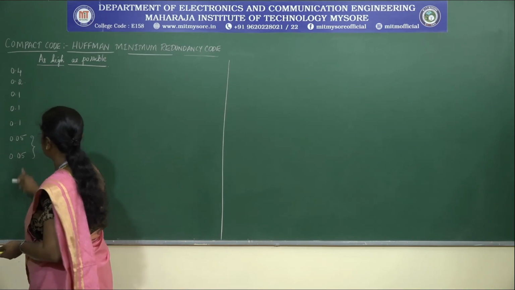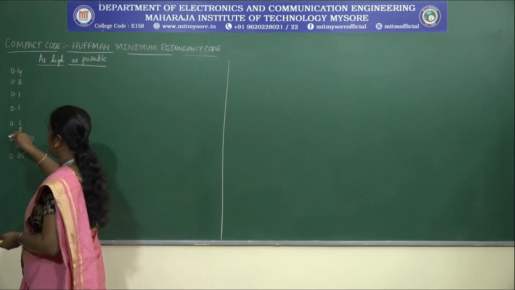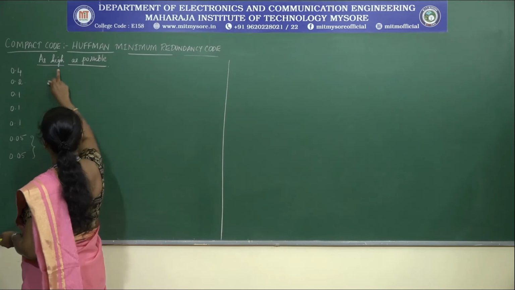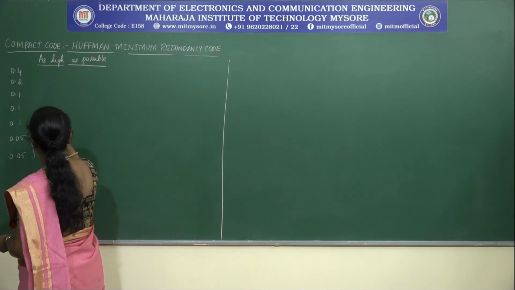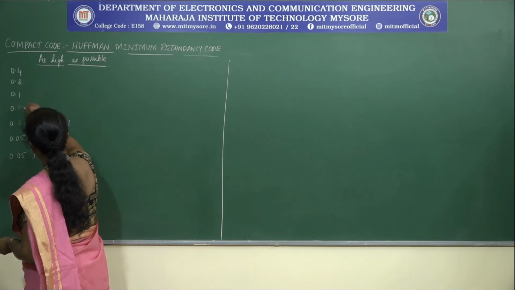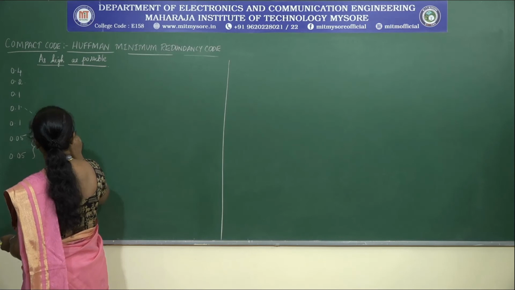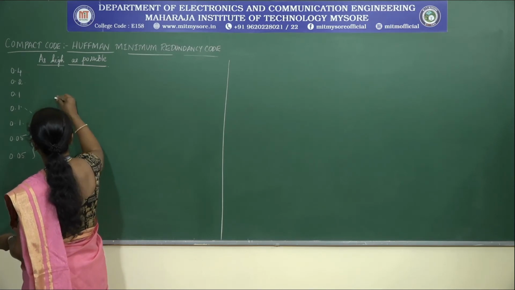So what is the value of this? It is 0.1. Since we have 0.1 here also, and the condition is as high as possible, we need to place the symbol upward. So this will be 0.1, and this 0.1 will come here.